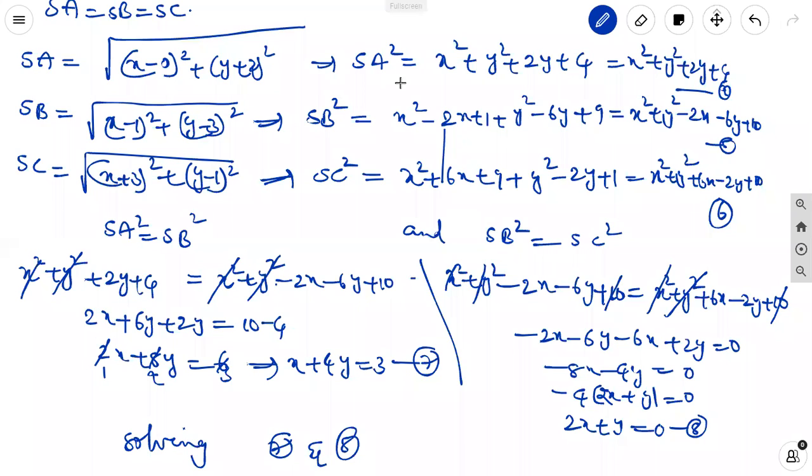Here x square plus y square plus 2, 2 2s are 4y. It is 4y. X square minus 2x plus 1, 6y plus 9. X square plus 6x plus 9, y square minus 2y. It's correct. Only here 4y. 4y means here 4y will come.